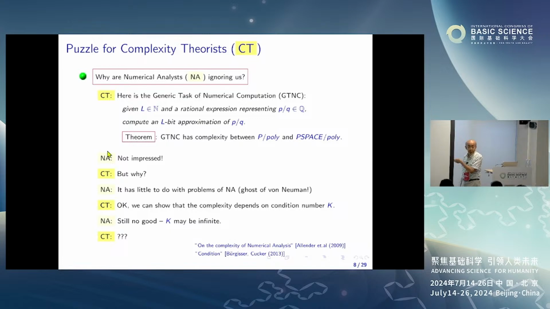computation of P over Q. So, the last bit you can slash poly.